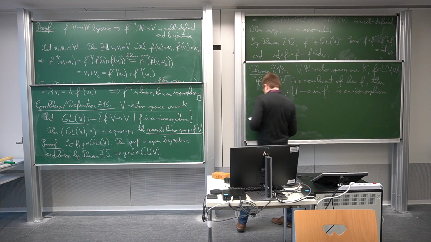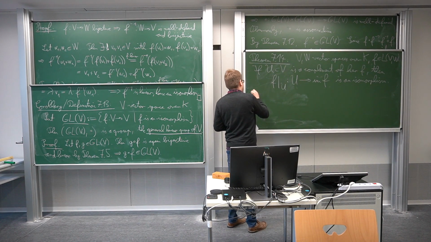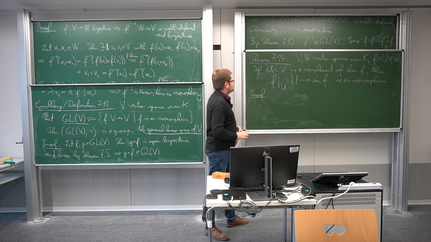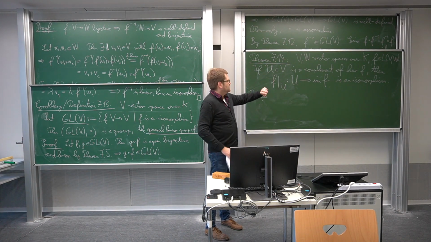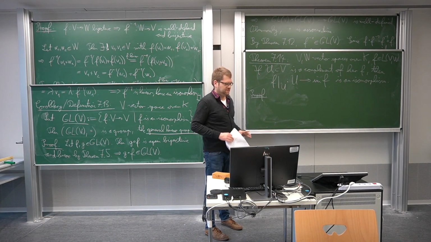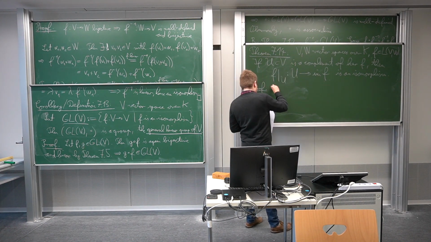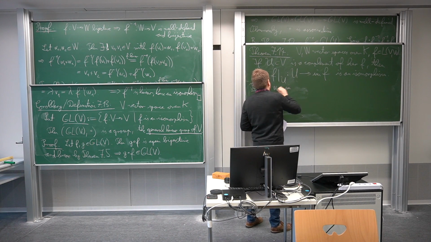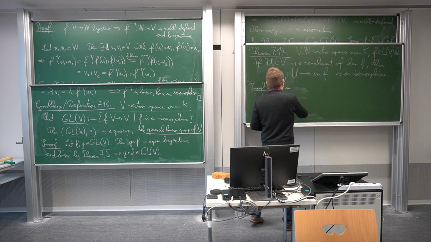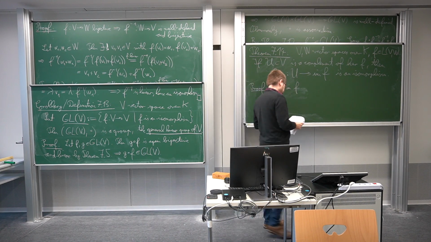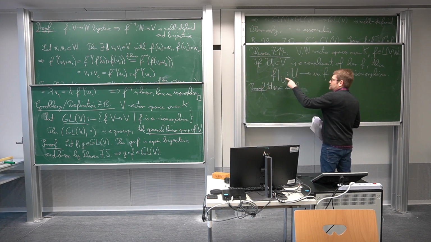Now, how to see this? Okay, so we know it's linear, so restriction is again linear, that's trivial. So we only need to show it's injective and it's surjective. So how do we get that? First of all, let W be an element of the image of F, then we need to see that it's an image of this map.